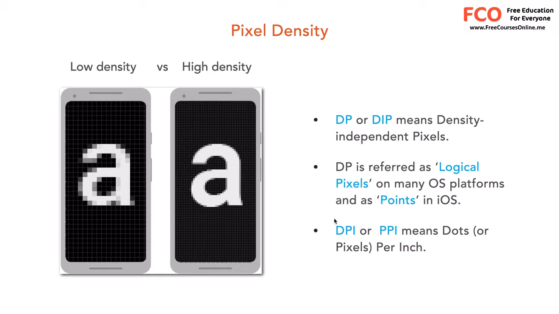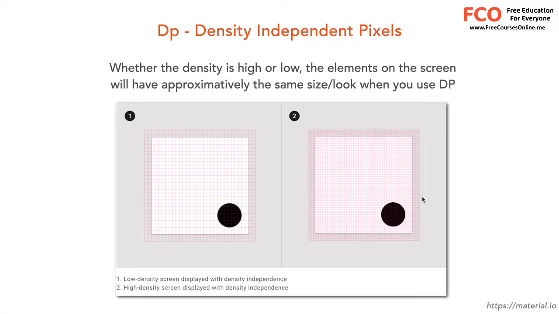And there is another term called DPI or PPI, which means dots per inch or pixels per inch, which simply means how many pixels have been packed in 1 inch. So by using the unit DP inside your app, you would have the UI elements look the same size irrespective of the screen density.